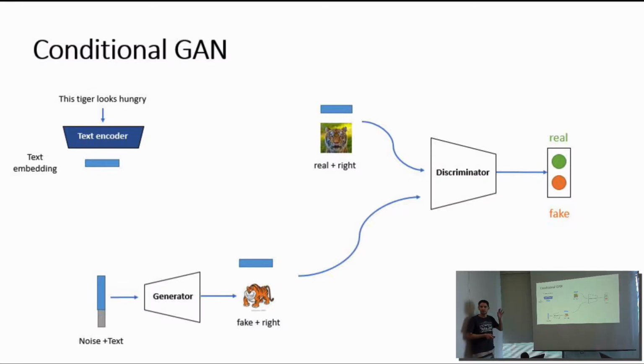This is the basic architecture, what they call a conditional GAN. Somehow it's not exactly true, but you can think of it as some form of joint GAN. It's not exactly a joint GAN because the generator doesn't generate the text. Only the discriminator takes as input two things, pairs of text plus image.